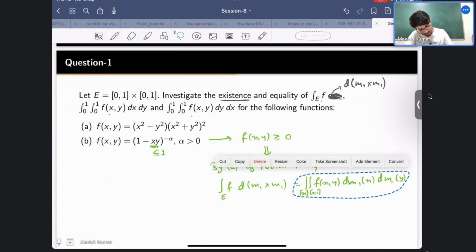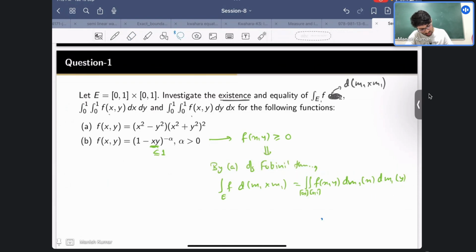This is just from Tonelli. If you want to calculate the integral, you have to do a bit of work. So this is x, this is y.